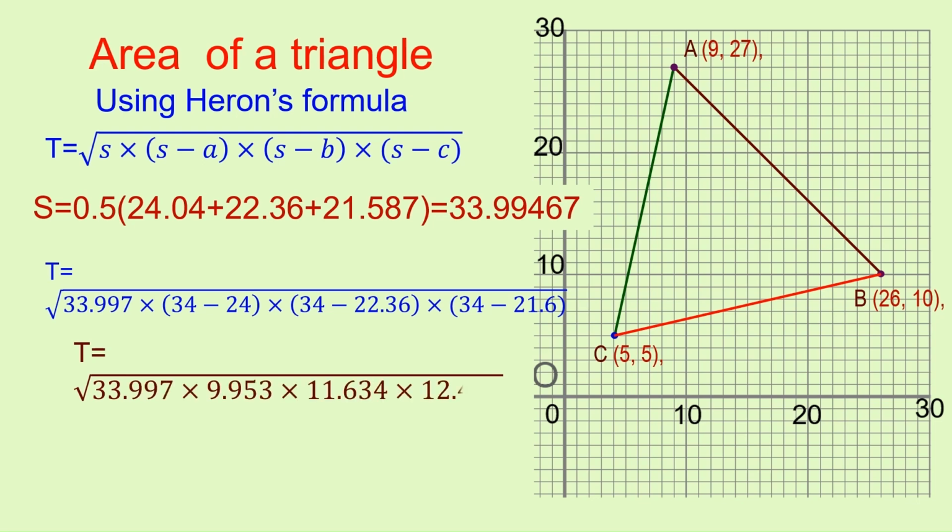If we do calculations accurately, without any approximations, we get the area of the triangle as 221.